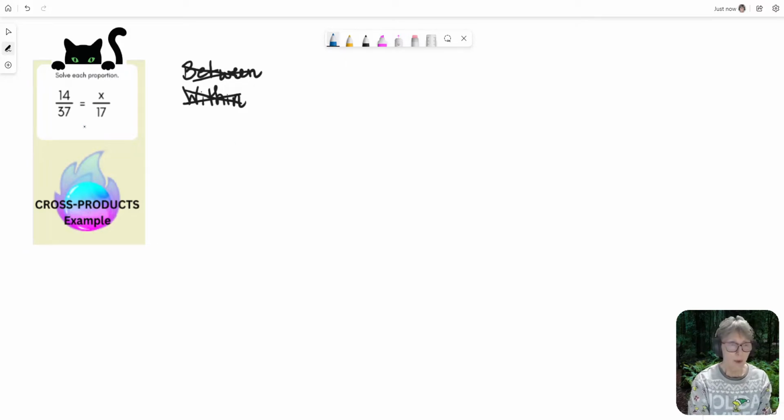So when using cross products, we are going to multiply numerator on the left with denominator on the right, denominator on the left, numerator on the right. And the way that's written algebraically is like this.